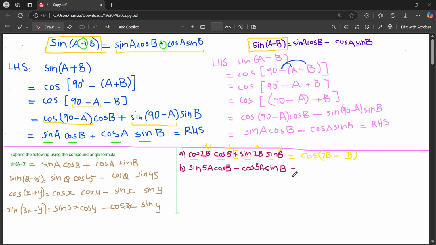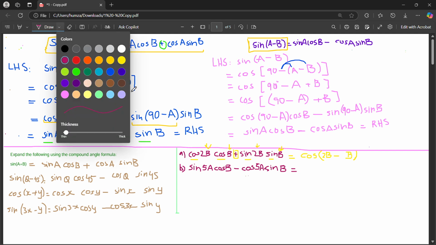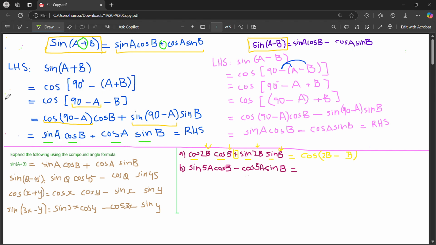Okay, now I'm going to change the pen color just to show you different parts, so you don't get confused. Now there's the pattern: sin, cos, cos, sin. This pattern we said we can use to identify this compound angle using the sin rule.